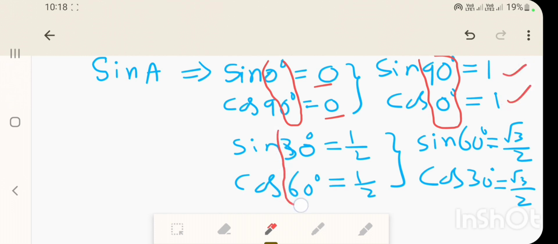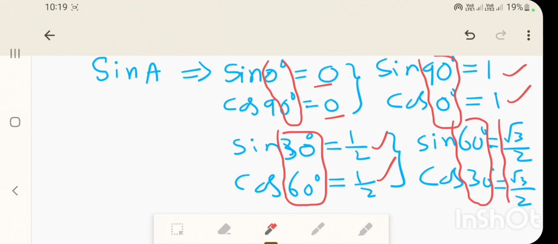And here 30 and 60, sum is 90 degrees. So sine 30 and cos 60 have the same value of 1 by 2. And sine 60 and cos 30, 60 plus 30 is 90, so you have the values root 3 by 2 and root 3 by 2.